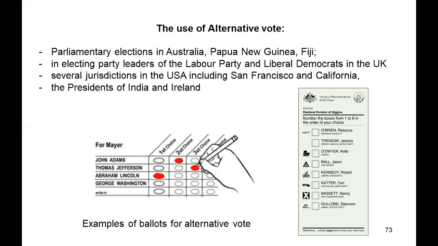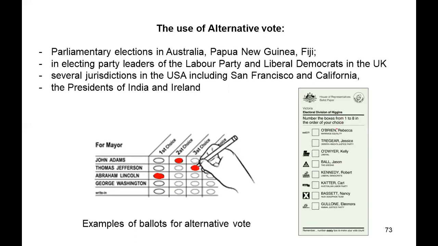Because if you do this by hand, it is extremely time-consuming. I will tell you more in the context of a single transferable vote, which is a more complex version of alternative vote, that in some countries the use of this method led to delays in calculating the winner. But here, the second ballot is a simpler ballot.